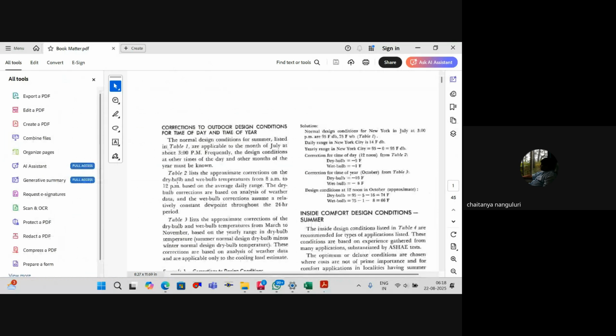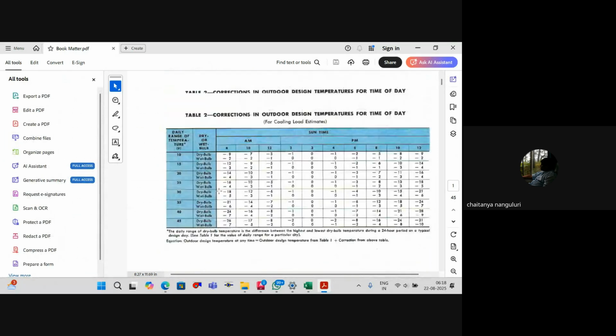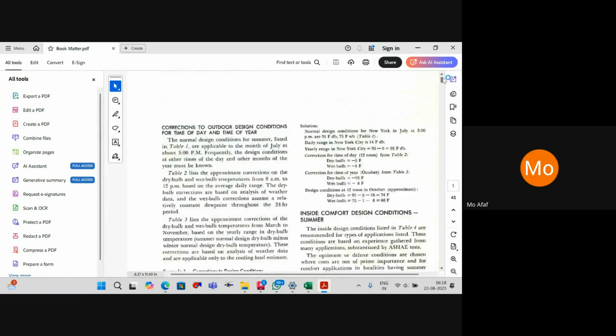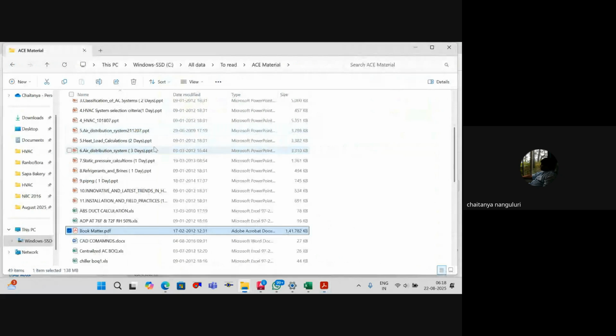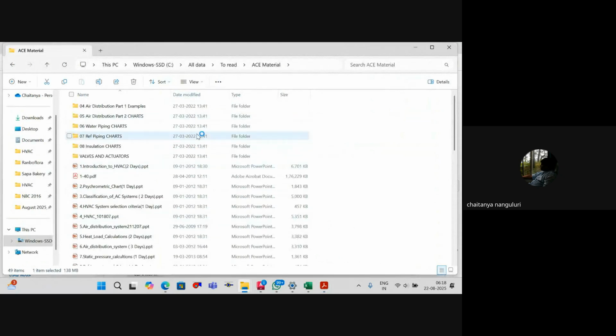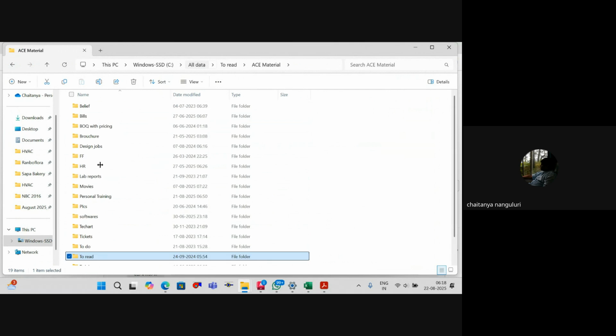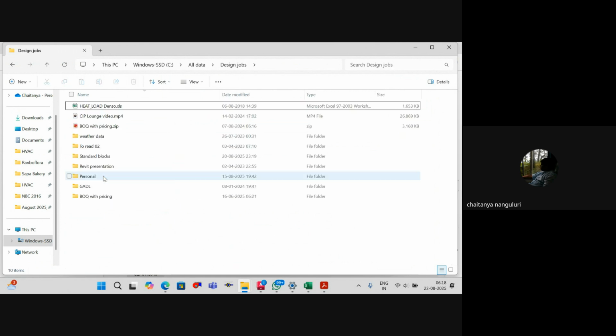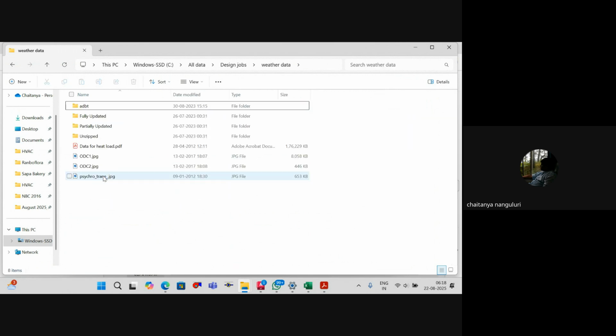This sheet I've WhatsApped you if you guys remember. Outdoor conditions are not there. Just a sec. I have a separate file called weather data.